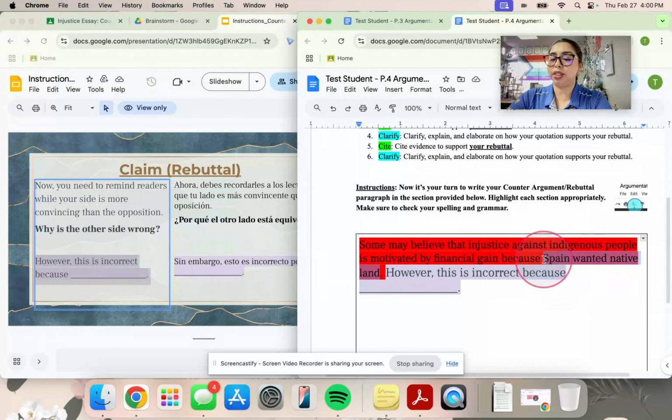Why should they still agree with you? Your rebuttal should directly address what the counter argument is. Why is that wrong? So I can say, however, this is incorrect because what Spain really wanted was da-da-da-da-da. Whatever it is that I'm trying to argue. So we're going to stop. And I want you to do that right now.